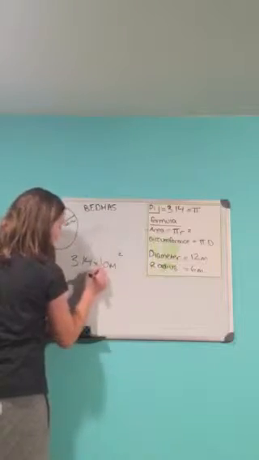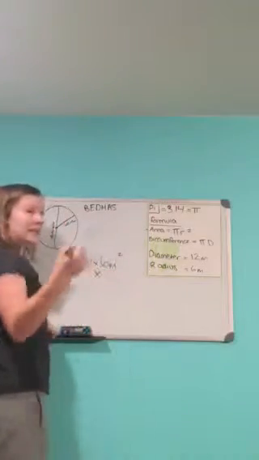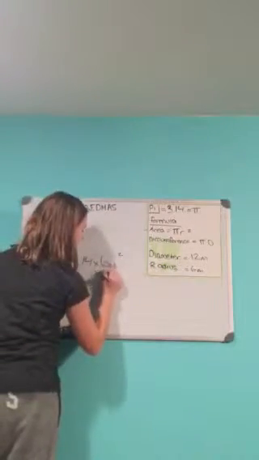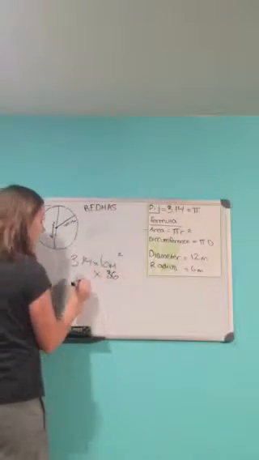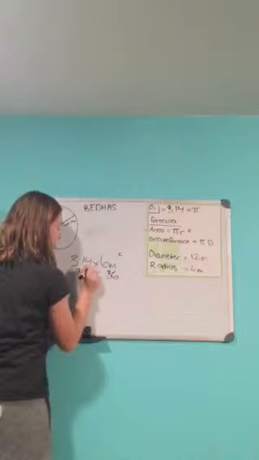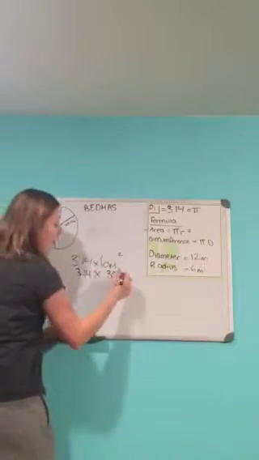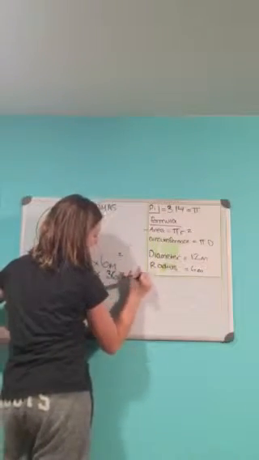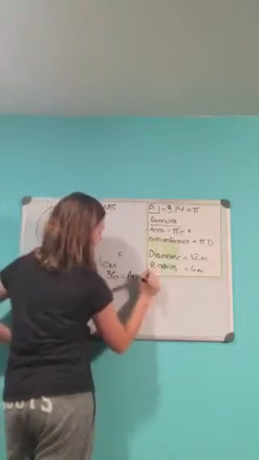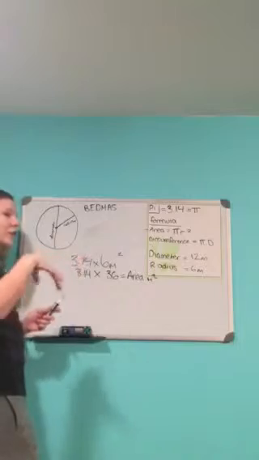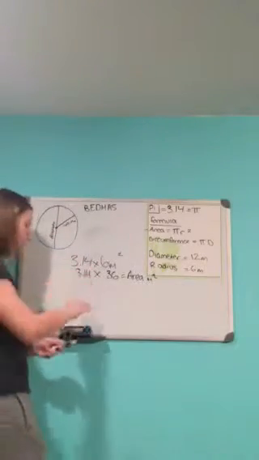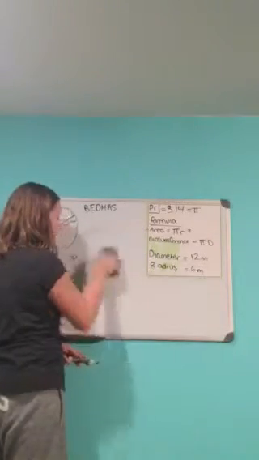So we'll have 6 to the power of 2, which is 6 times 6, which equals 36. Then multiplication is next: 36 times 3.14, and that would give us our area. And then meters squared. Just as if you were doing a square, you'd always do meters or centimeters or kilometers squared. You always want to have that unit.